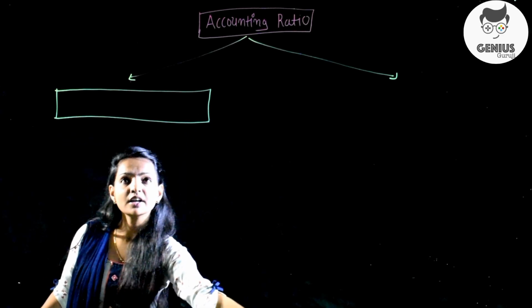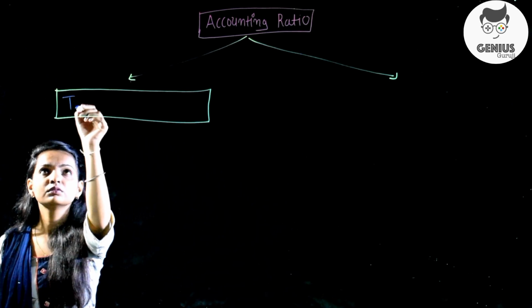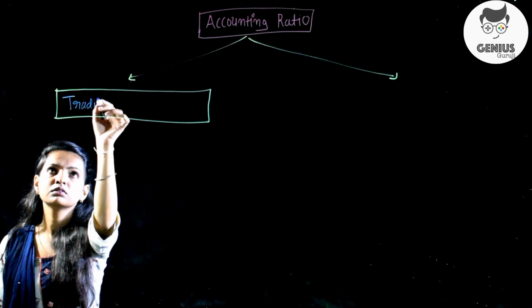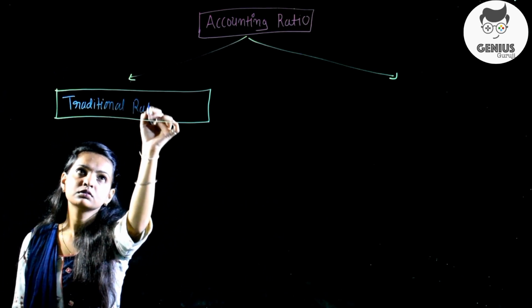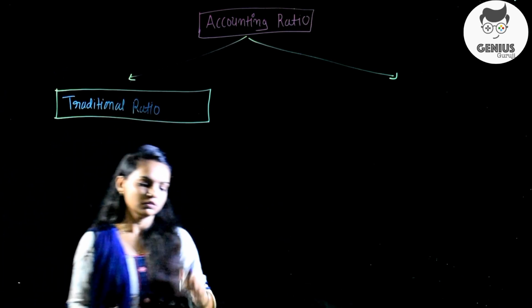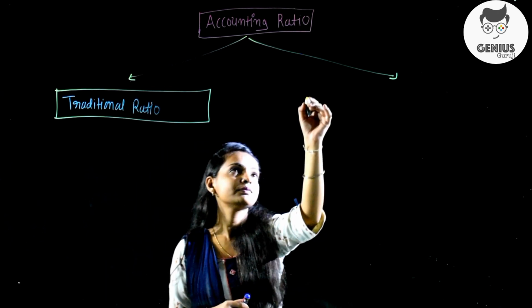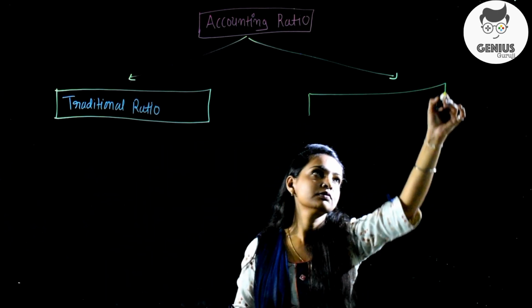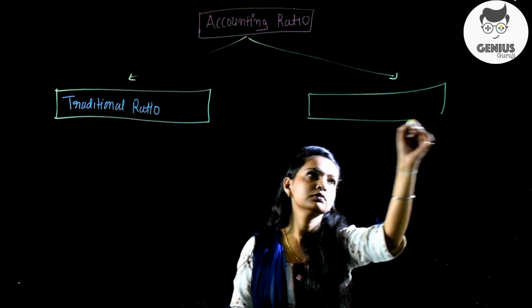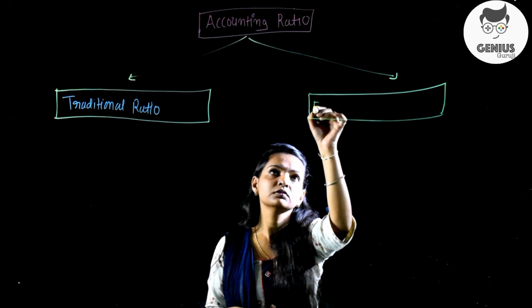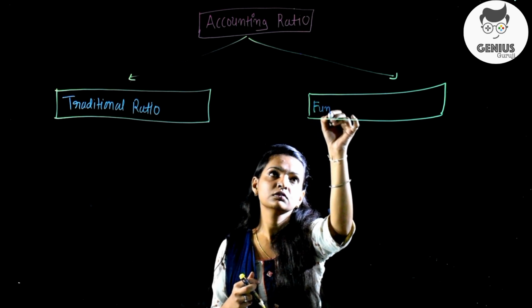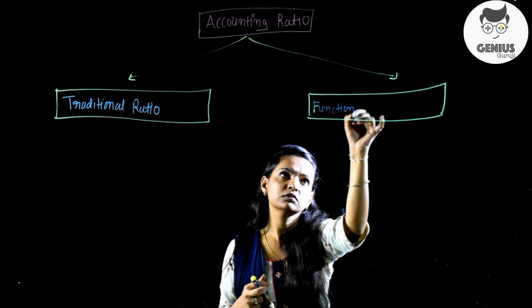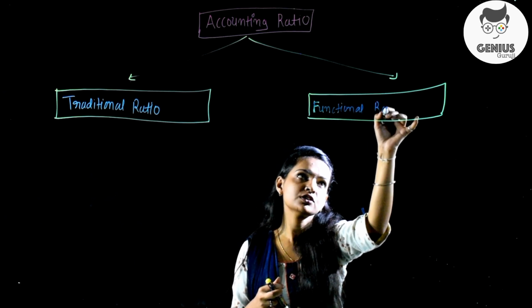First one is traditional ratio, and second one is functional ratios.